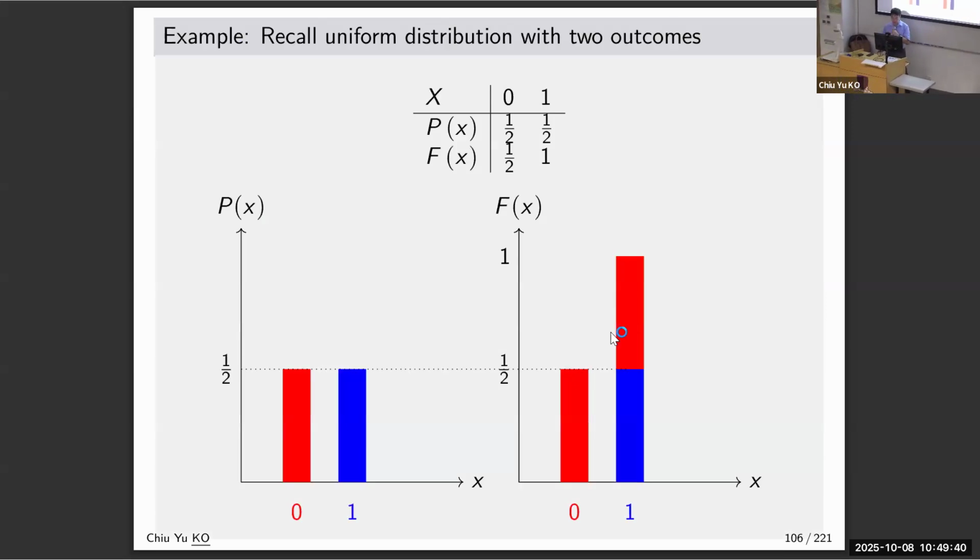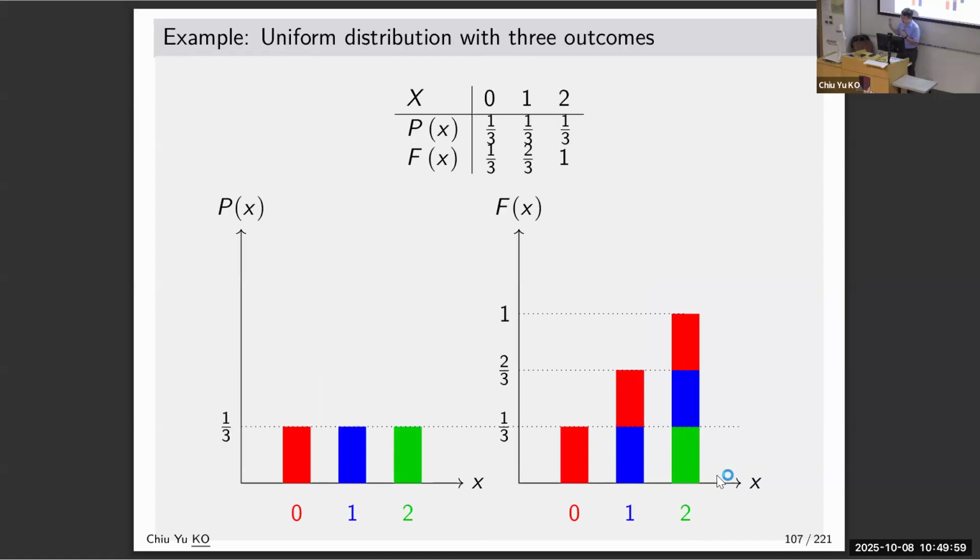Well, we covered that, and this example explains why it's not possible to do P, but it's still meaningful to talk about F, because it's uniform between 0 and 1. P is 1/2 and 1/2, and the F is a 45-degree line. And if you keep increasing n, then the height of the P will drop, right?